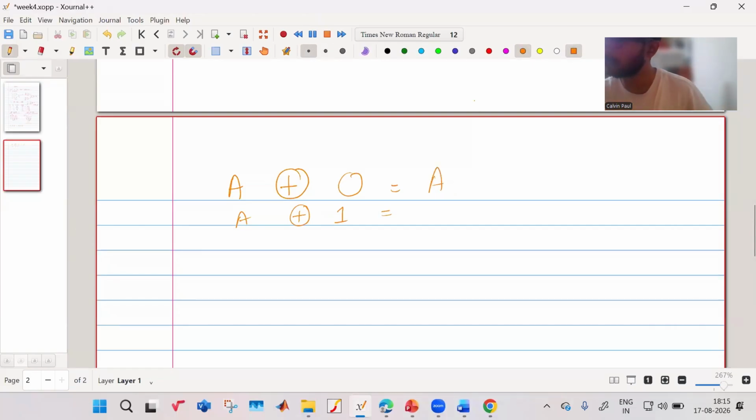A XOR 0 is A. What is A XOR 1? A XOR 1 is actually equal to A bar.